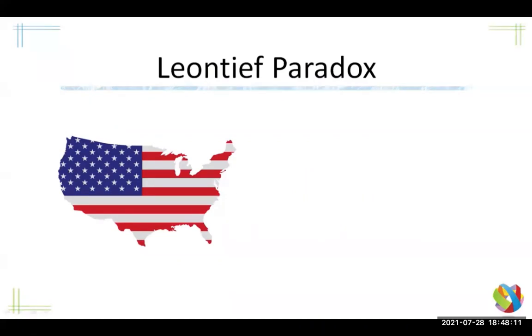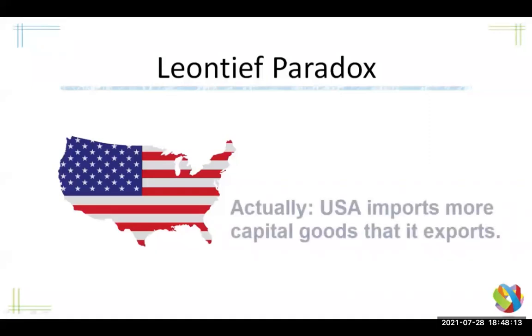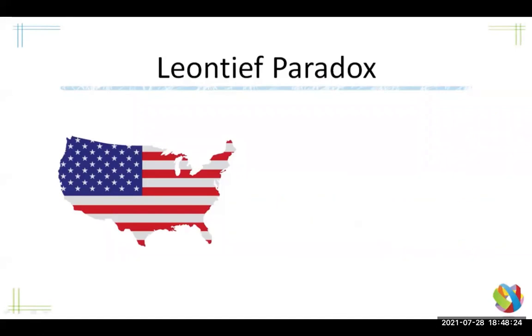However, his data showed the opposite. In fact, America was importing more capital intensive goods than it was exporting capital intensive goods, and hence the paradox. And we don't really understand why this is, although recent work is giving us some clues.